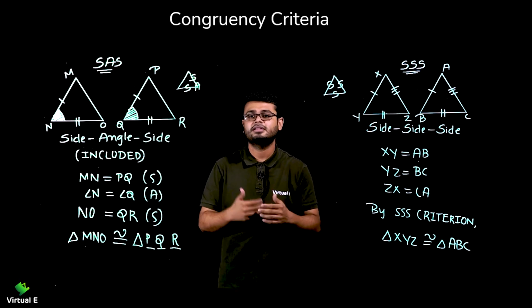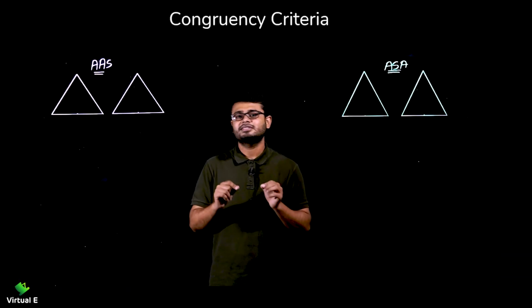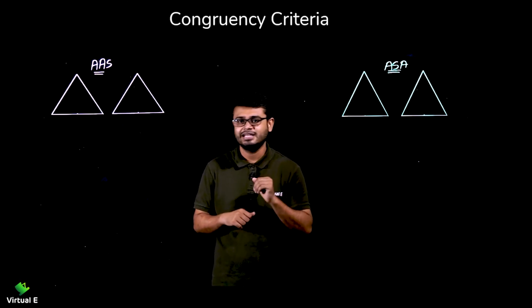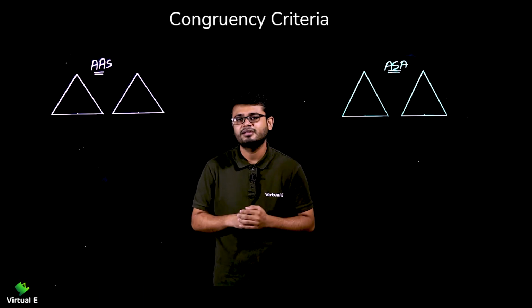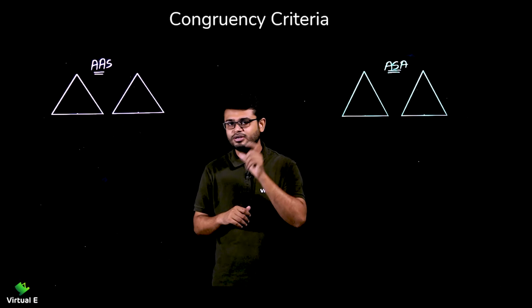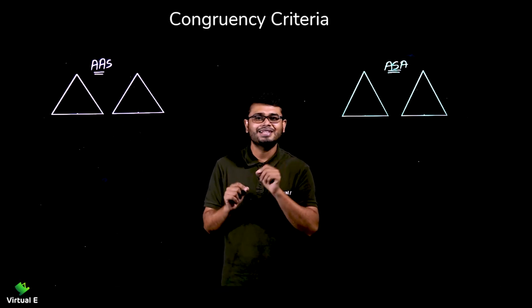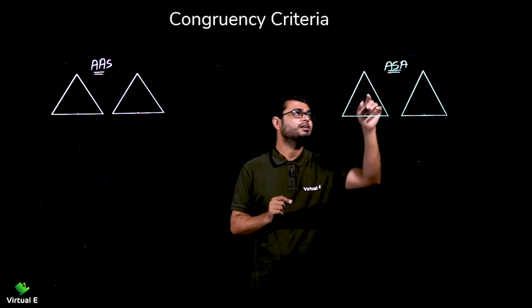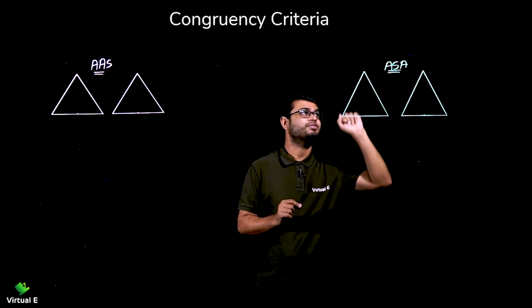Let's discuss the other two criteria. We discussed the first two, that is SSS, side, side, side. Another was SAS, side, angle, side, and the angle was the included angle. So similar to SAS, we have ASA. Now guess what? A is for angle, S is for side.